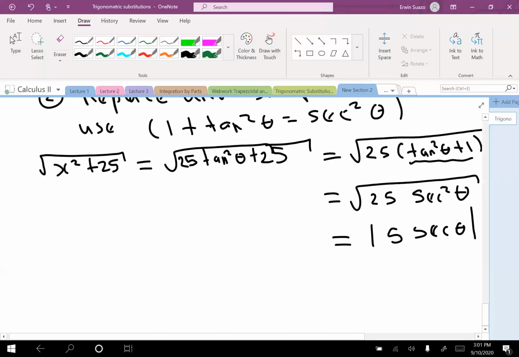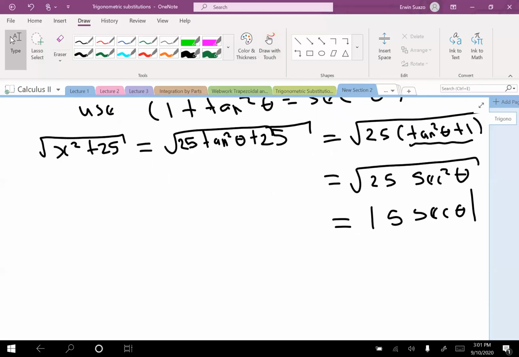But since the angle is between minus pi halves and pi halves, this is just 5 secant theta, as you wanted. So my square root of x squared plus 25 is just 5 secant theta.